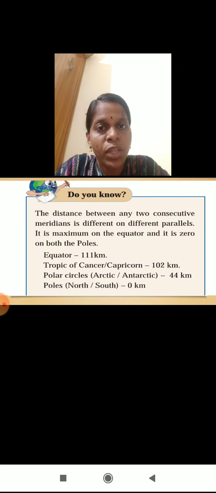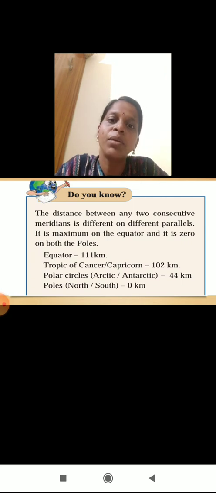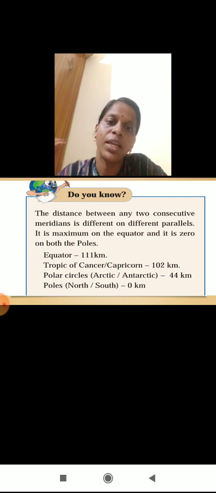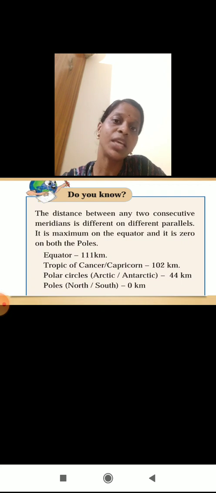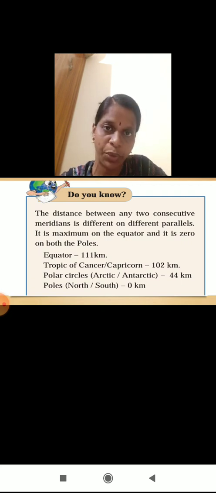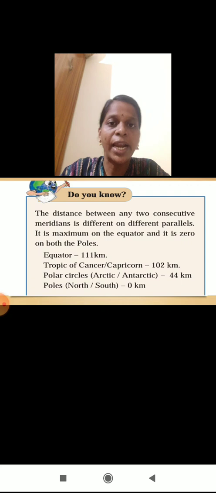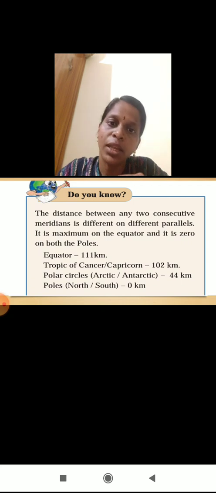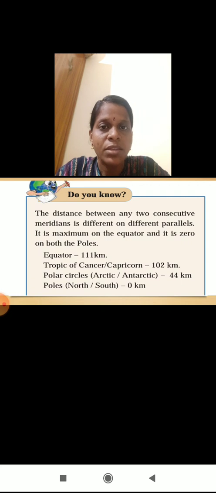Don't get confused, children: latitude is 0 degrees at the equator, while the distance between meridians is 0 at the poles. Now, what is the distance at the equator?